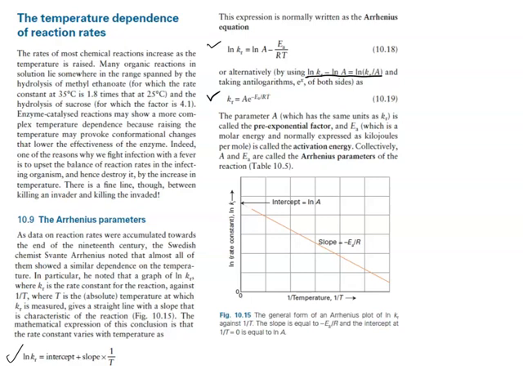The parameter A, which has the same units as k, is called the pre-exponential factor. And E sub A, which is a molar energy and normally expressed in kilojoules per mole, is called the activation energy. Collectively, A and the activation energy are called the Arrhenius parameters of the reaction.